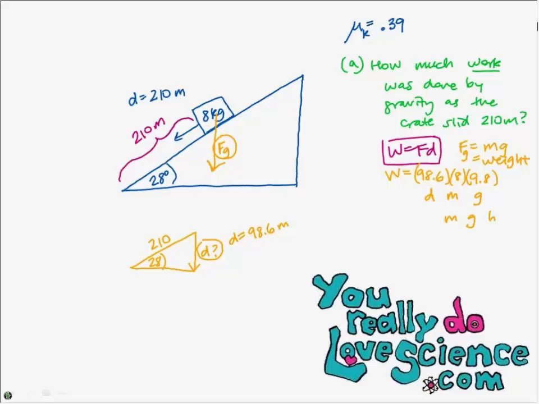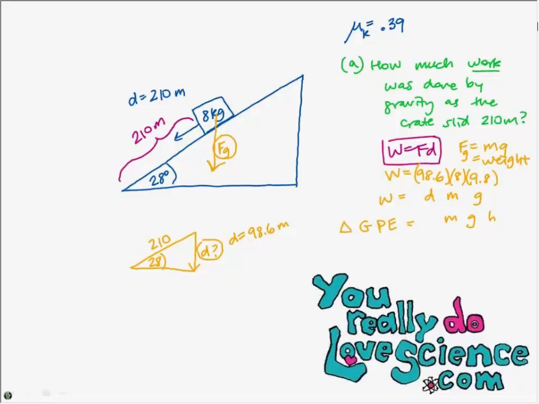Like the height that it was? The height. So now you see that the work done is really similar to the gravitational potential energy change. The work done, and we'll talk about the work energy theorem next, is often the same as the change in the object's energy. But let's just do force times distance here.